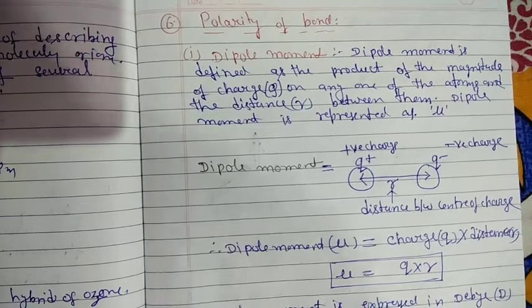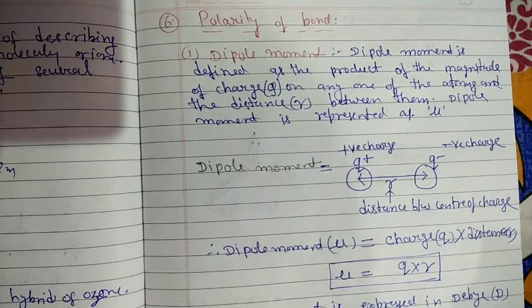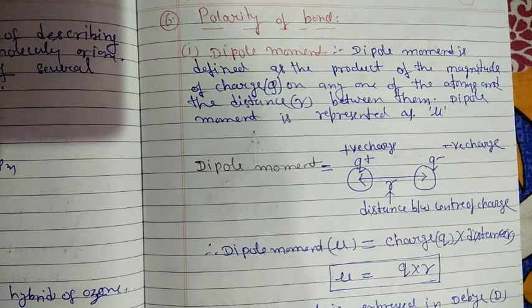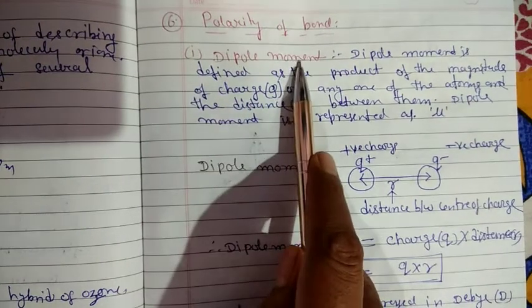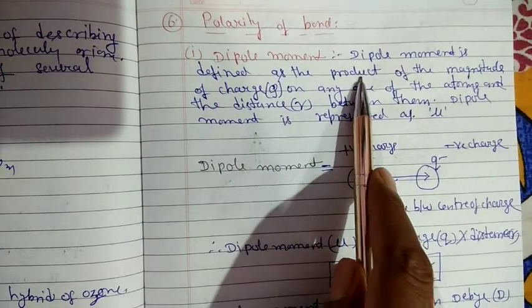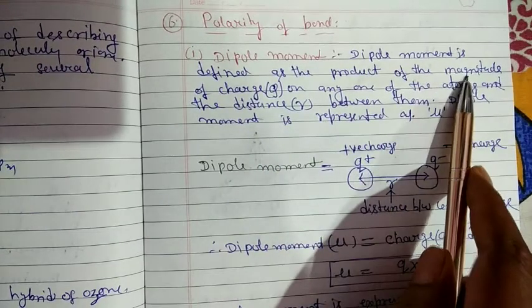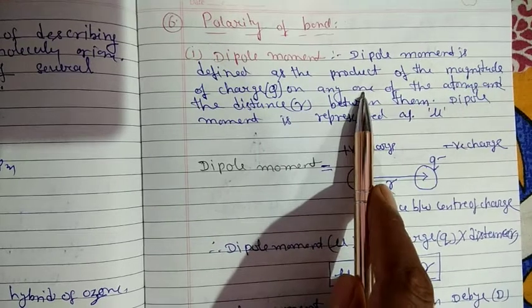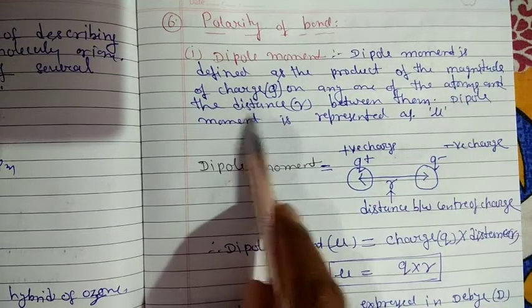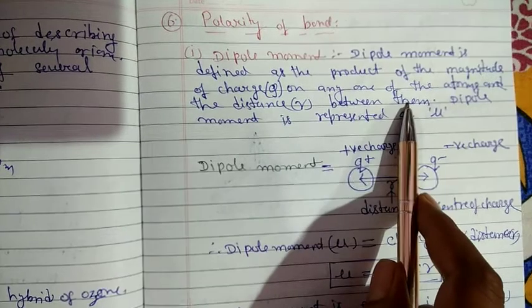Next parameter, polarity of bond. The polarity of bonds may first come here, dipole moment. Dipole moment is defined as the product of the magnitude of charge on any one of the atoms and the distance r between them.